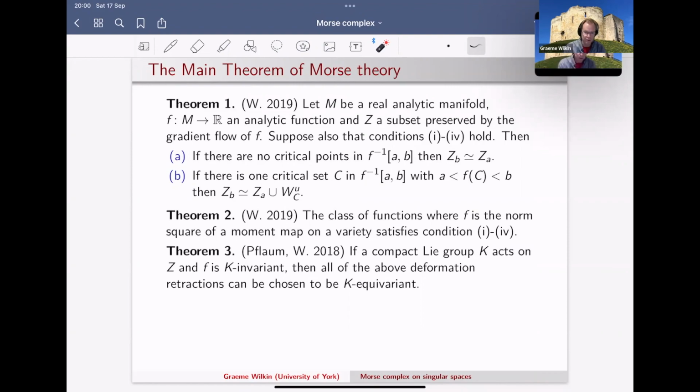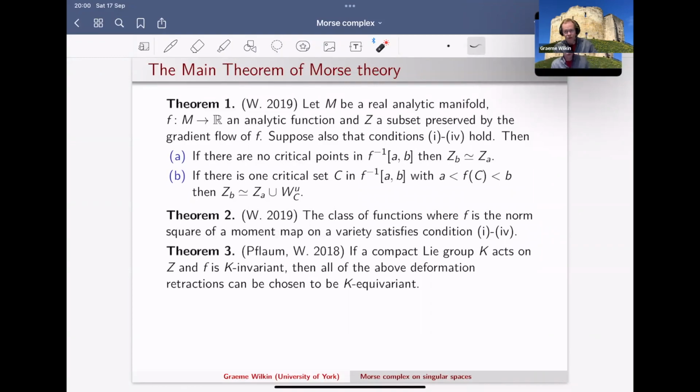Then in that setting, we have an analog of the main theorem of Morse theory from before. So either we can flow down from one set down to the next set if there are no critical points, or if there's one critical set, then the topology changes, and it changes by attaching something that looks like the unstable set of the critical set.